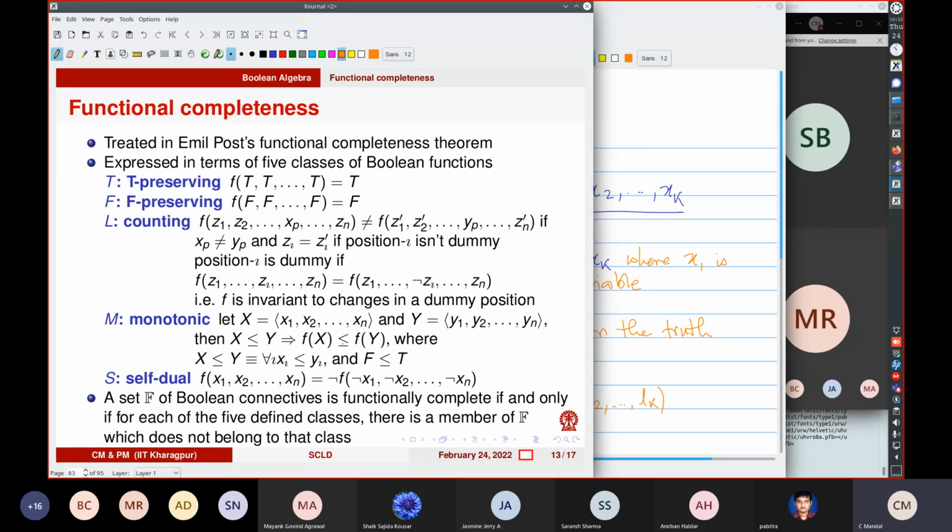So the statement of the theorem is that it is functionally complete if and only if for each of the 5 defined classes there is a member of F which does not belong to that class.